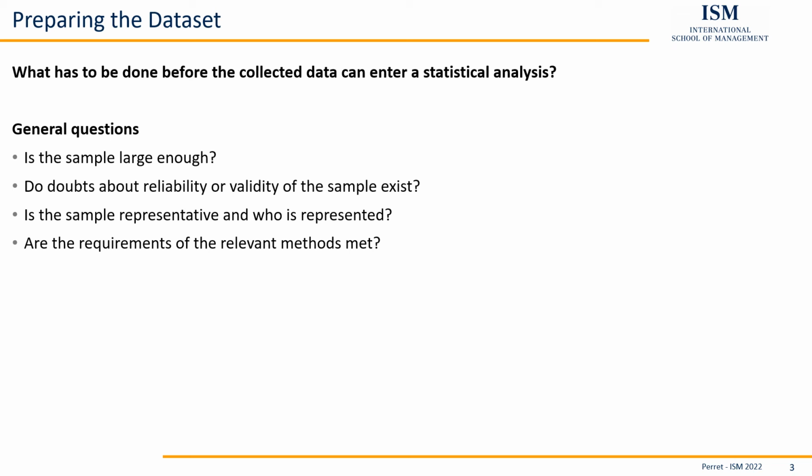I could ask myself as well, and that goes together with the first question, is the sample representative and who does it represent? If, as in the earlier case, I mostly have young people, but two people aged 70 something, I had better exclude them, as I said earlier, and focus on the young people and ask, does this really represent young people?